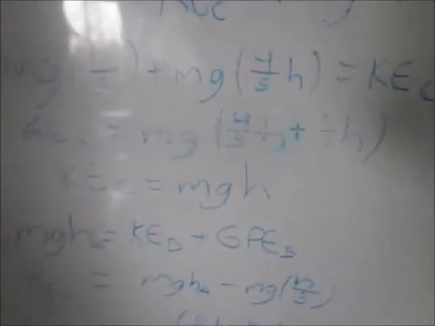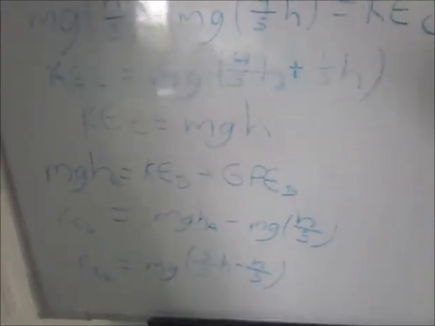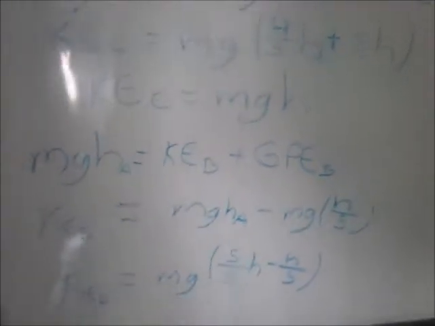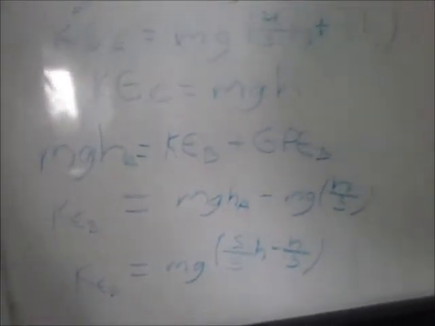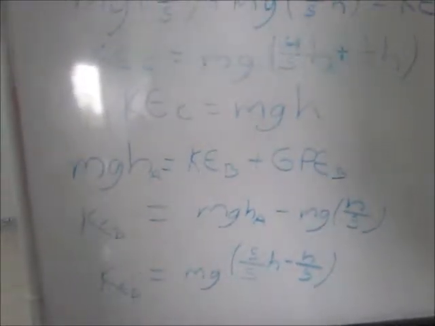To find the kinetic energy, substitute mass times gravity times (4 over 5 height plus 1 over 5 height). So this is the kinetic energy at C, which results in mass times gravity times height.